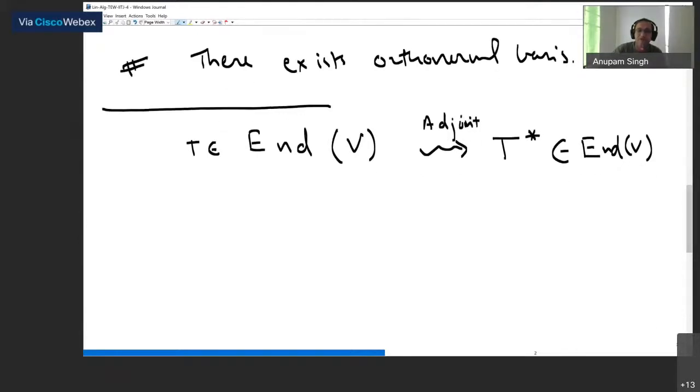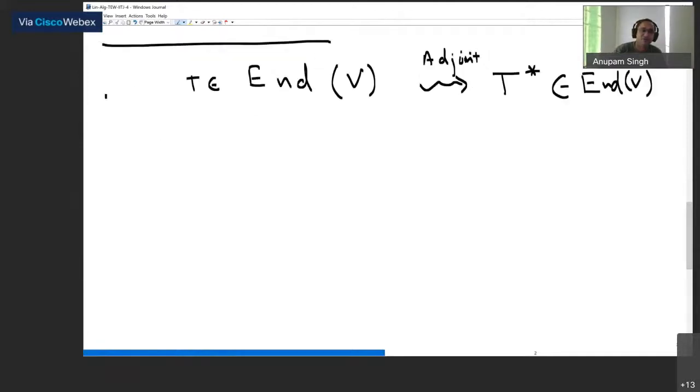So to define the adjoint, let's begin with what is called, this is a lemma, but it is quite an important thing, called the Riesz representation theorem.